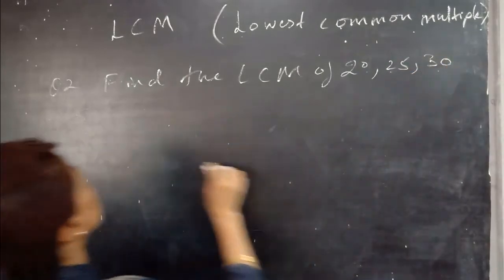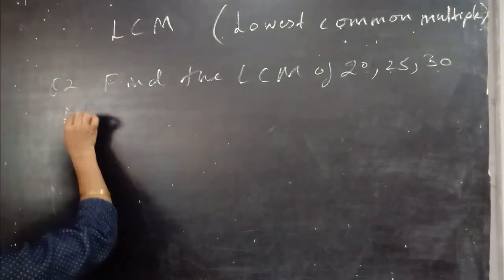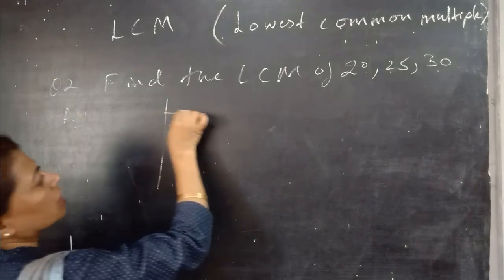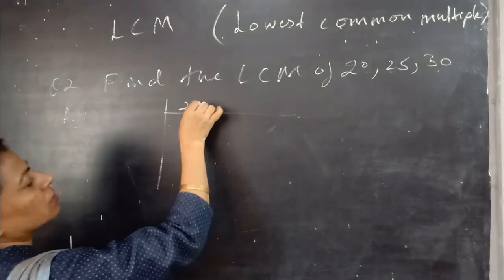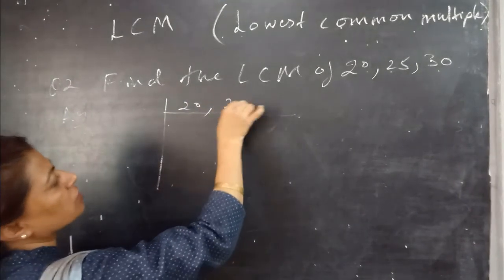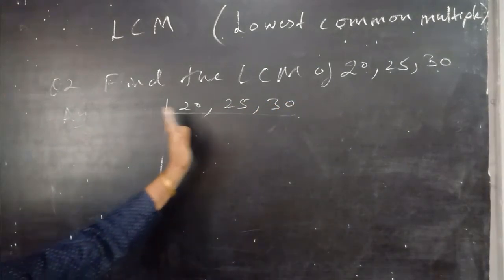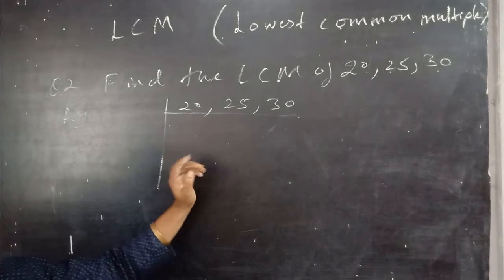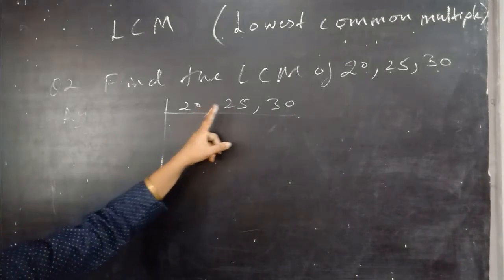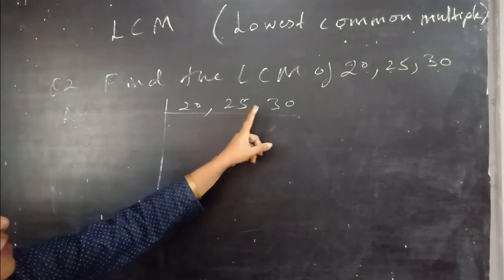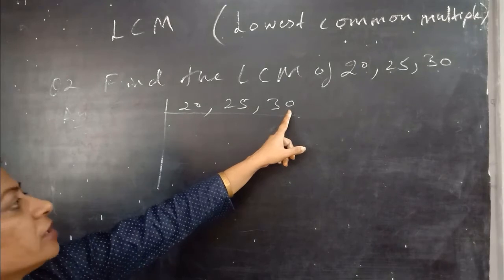For finding the LCM, you have to take all the numbers together and find their common prime factors. Let us take the table by which all of them can be divided. The first has 0 at the last, the second has 5 at the last, and the third has 0 at the last.